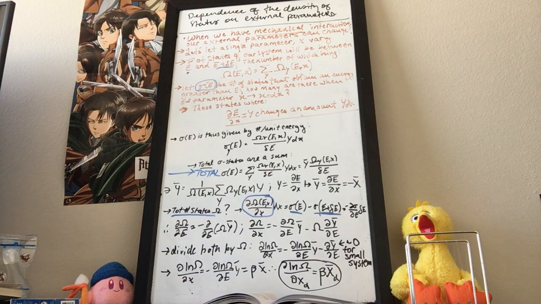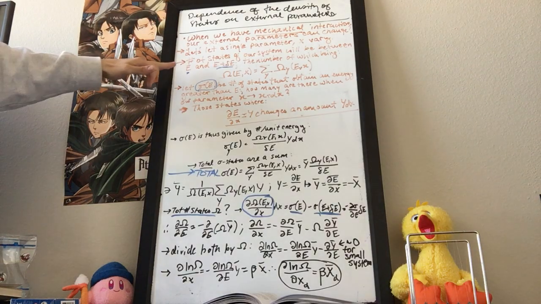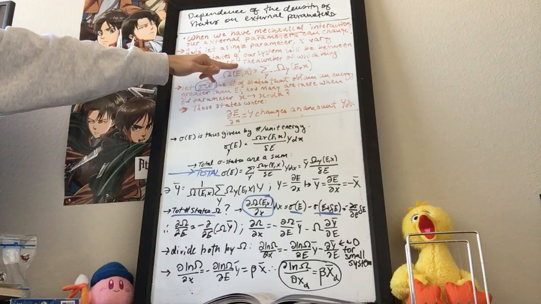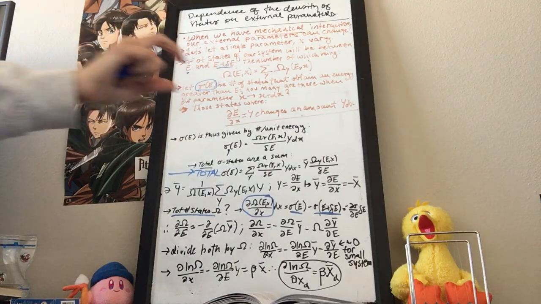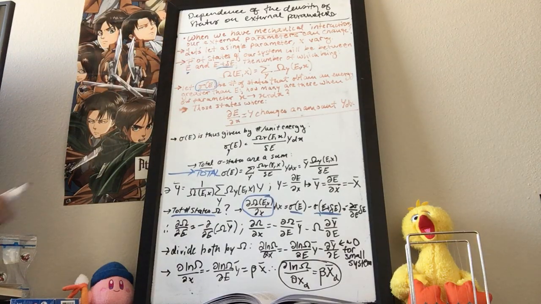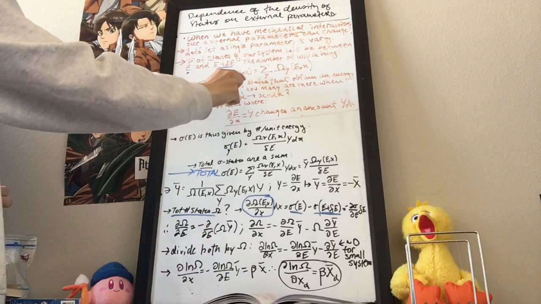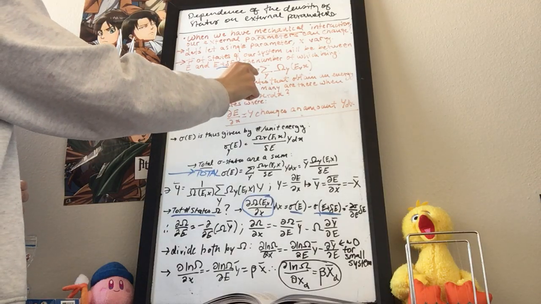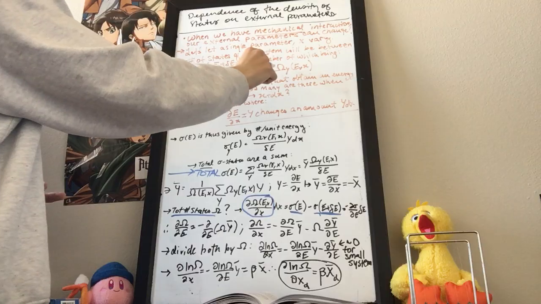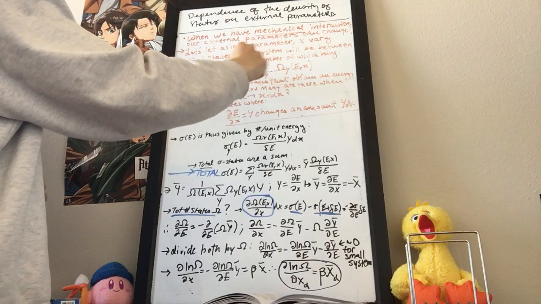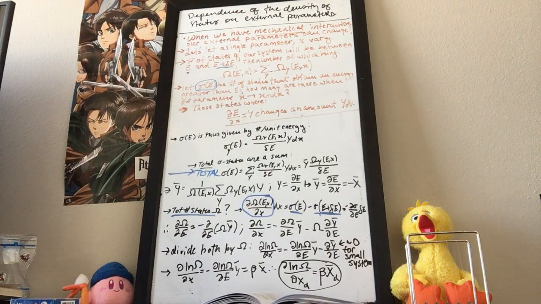So the number of states that our system will have between our desirable energy levels, E and E plus some small amount delta E, so some really small sliver of permissible energy levels, can be given by the function omega of E of x, which can also be written as the sum over y of omega of E, x, y. Now y is just some other variable that we have picked and we will be making use of throughout the course of this particular proof.